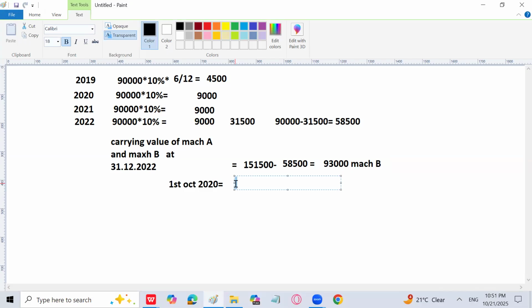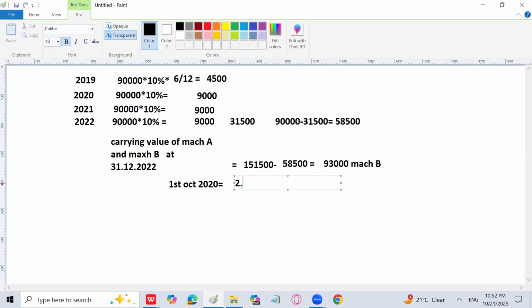And it means that it is used for 3 months, then it is used for 1 year, and then again it is used for 1 year. And the depreciation rate is 10%. So 3 months means 3 over 12, which means 1 quarter, 1 over 4. So if the depreciation rate is 10% for 12 months, the depreciation rate is 2.5% for 3 months.